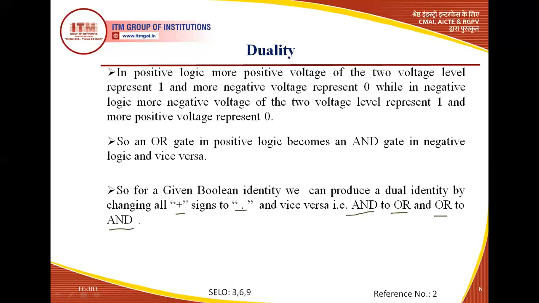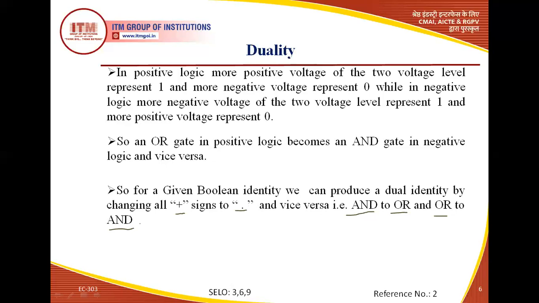So when we want to realize the dual function of any Boolean function, we simply change the plus operator to the dot operator. That means the AND logical operator is converted into the OR logical operator, or the OR logical operator is converted into the AND operator.